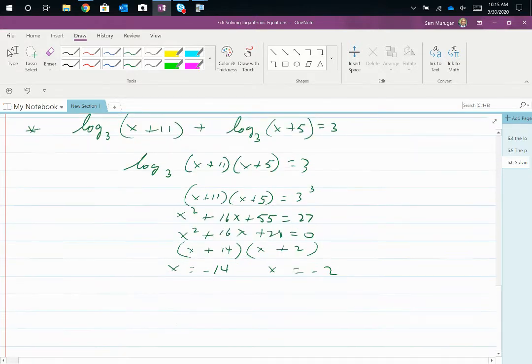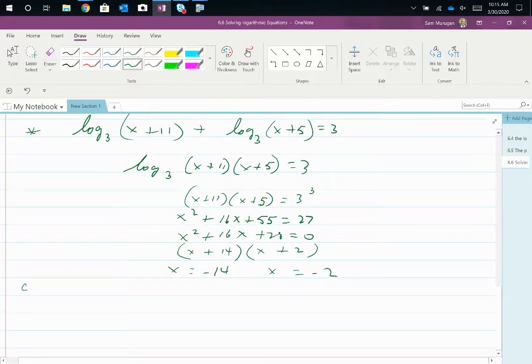Now notice substituting negative 14 gives log base 3 of negative 14 plus 11, log base 3 of negative 14 plus 5, which means we would be taking logarithms of a negative number.